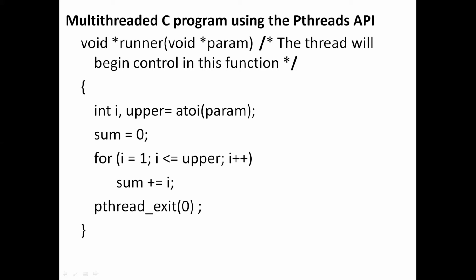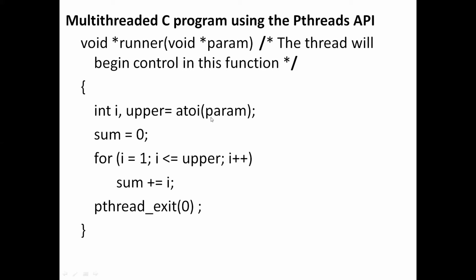Param stores the argv of 1 value, which will be sent to this runner method. argv of 1 is 3, so param is having 3 here. This argv is a character array, in which the value is stored in the form of a string. That string we want to convert into an integer. For that we are using a function called atoi.